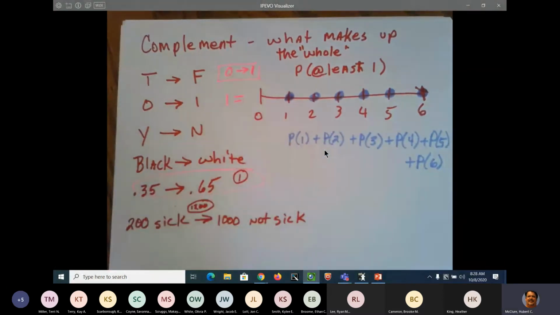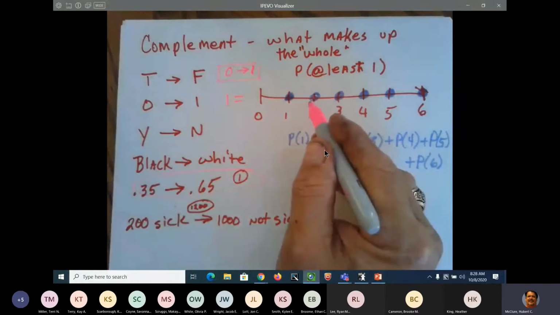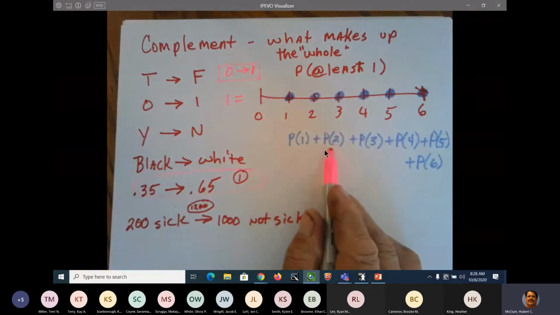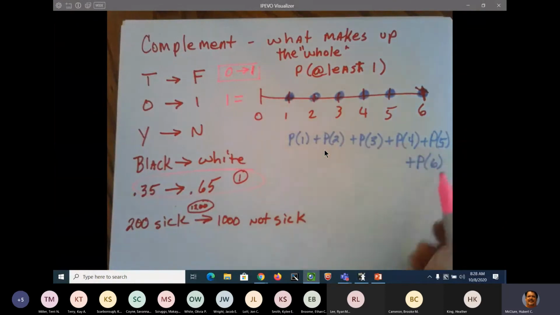So what would be the easiest thing to do here instead of doing the probability of 1 plus the probability of 2, and so on? Couldn't you just find the probability of 0? There you go. And do what with the probability of 0? Subtract it from 1.